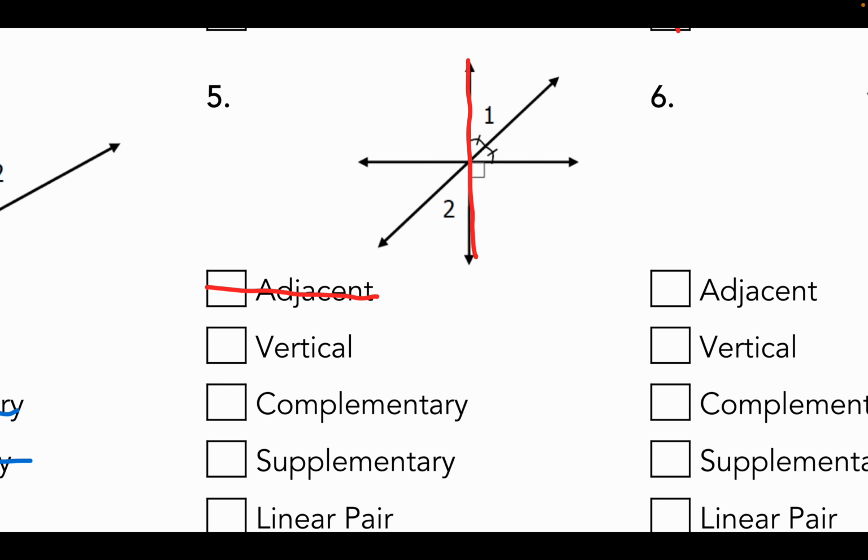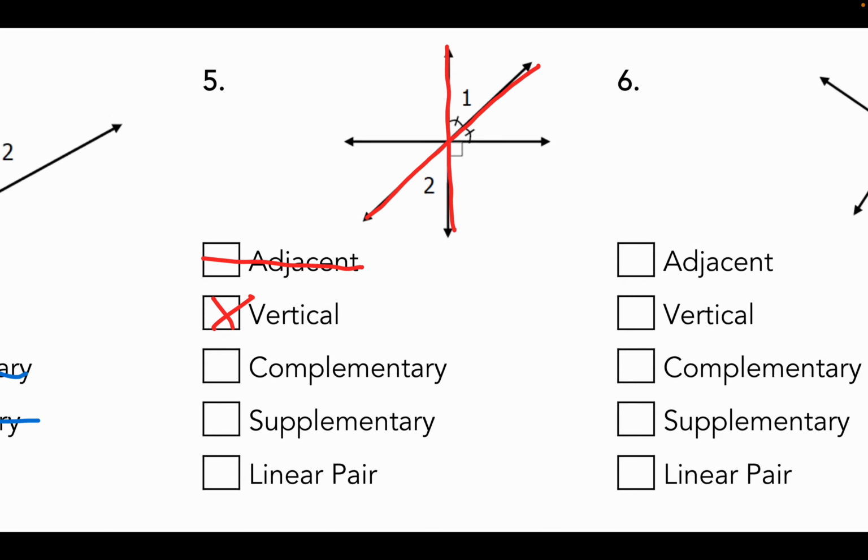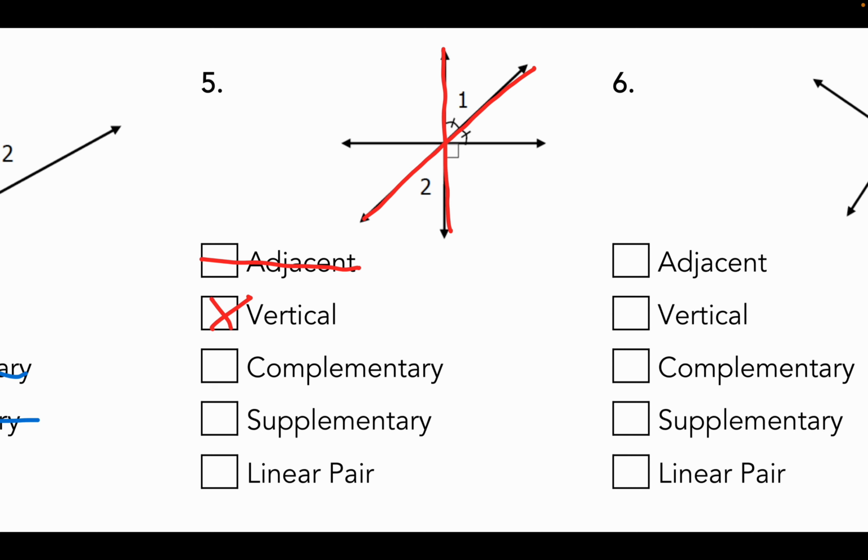So here are our two intersecting lines, and because they're across from each other on intersecting lines, they are vertical. Because they are vertical, we do know that they are congruent. So see how this one already has a little arc with a line? That is just another symbol for marking congruent angles. So all three of these would have that arc.